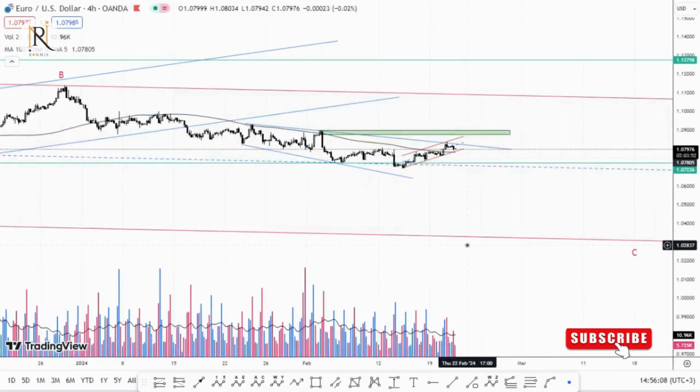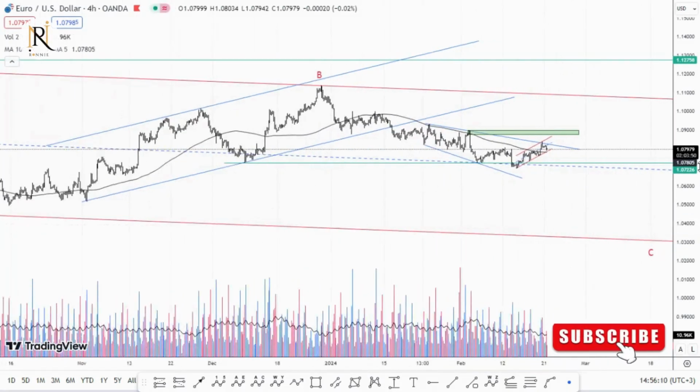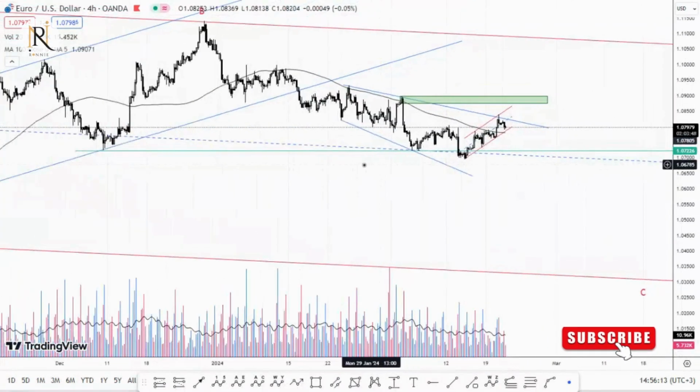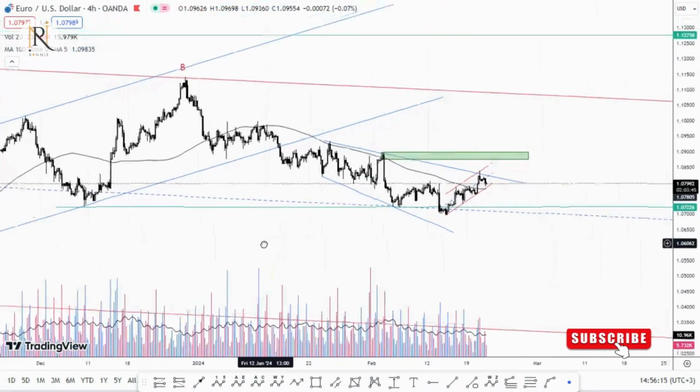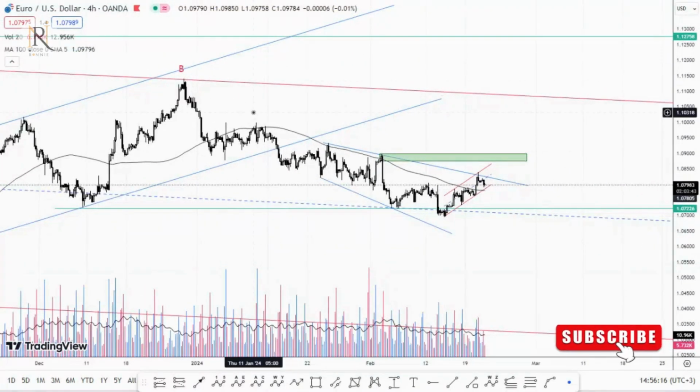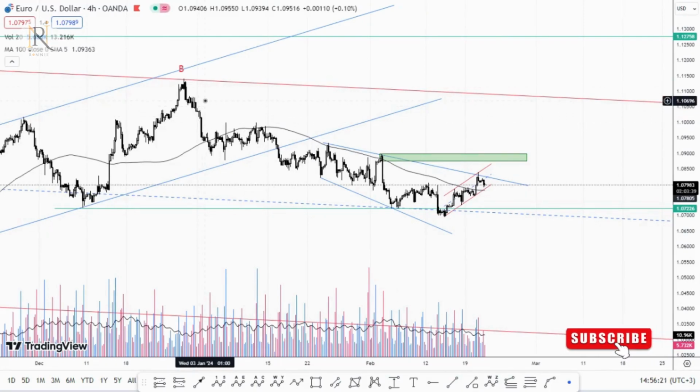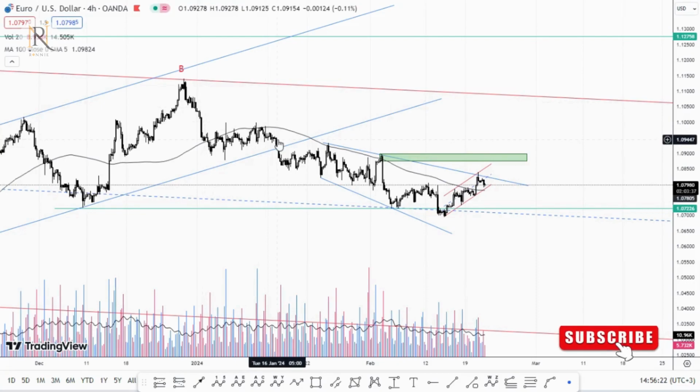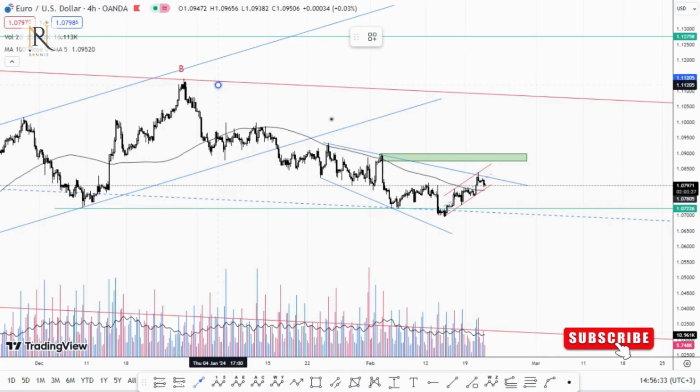If you narrow down to the 4-hour time frame, you can see what is right at this point. In terms of the 4-hour time frame, remember we are still looking at wave C in terms of the longer term perspective.